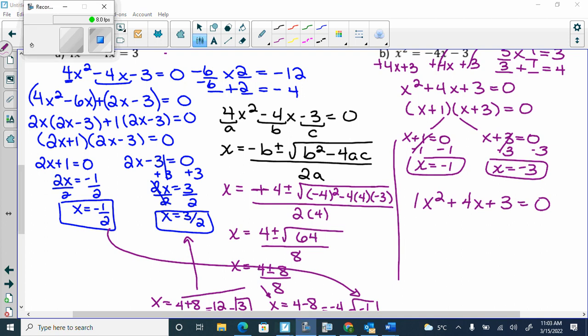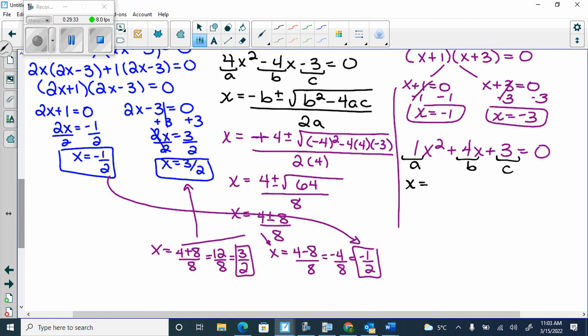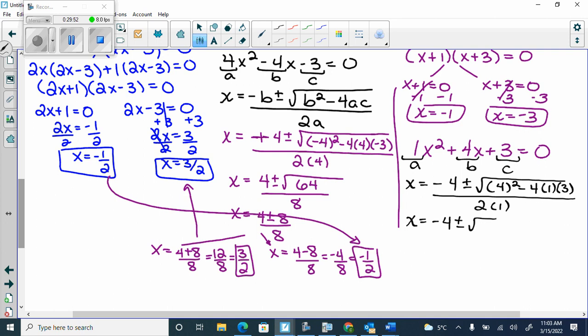Quadratic formula, go. So, this is A, this is B, this is C. We get x equals negative B, which is negative 4, plus or minus the square root of 4 squared minus 4 times A times C, all over 2 times A. x equals negative 4 plus or minus the square root of 16 minus 12, which is 4, over 2.